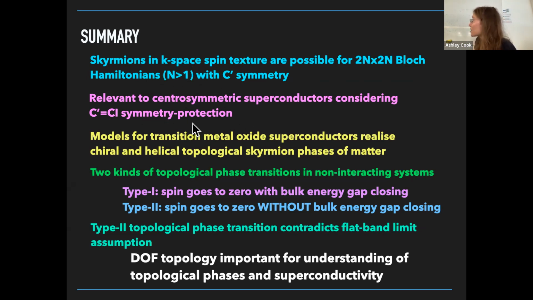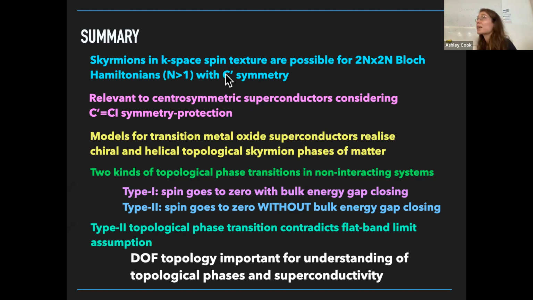And so this topology is at least relevant to centrosymmetric superconductors because this generalized particle hole symmetry, the operator for that can be expressed as the product of the particle hole operator and the spatial inversion operator. And you have each of those symmetries individually in the case of centrosymmetric superconductors.